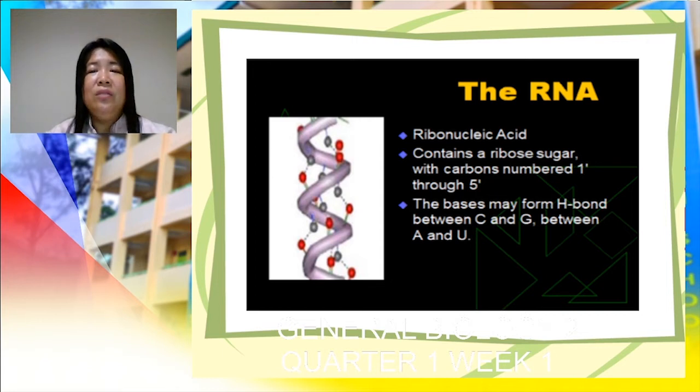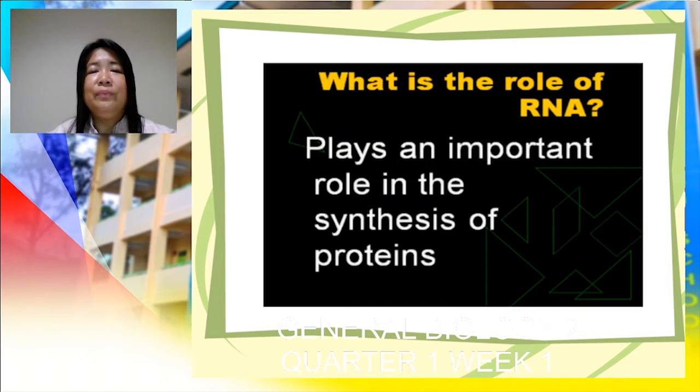Now, on the other hand, what is RNA? RNA is also known as ribonucleic acid. It contains a ribose sugar with carbons numbered 1 through 5. The bases may form hydrogen bonds between C and G and between A and U. As you can see, in the DNA, it's C and G, and A is paired with T. This time, A is paired with U, and U stands for uracil.